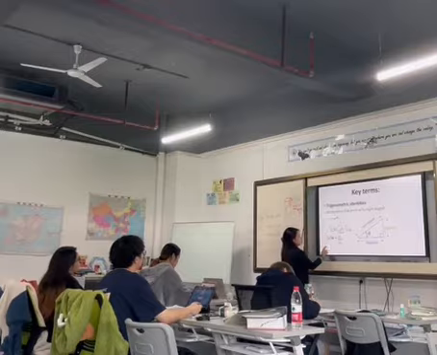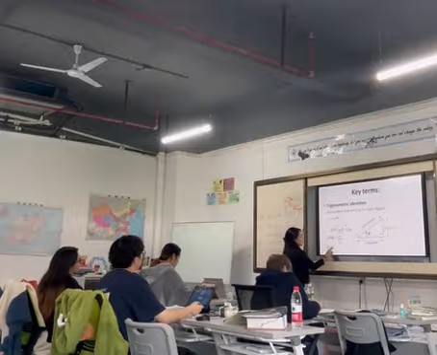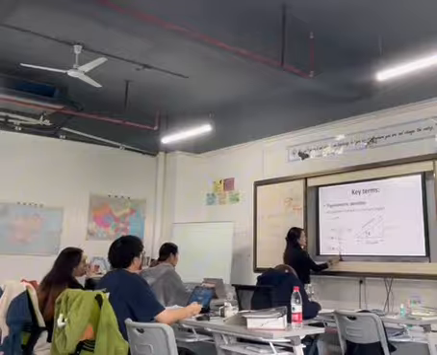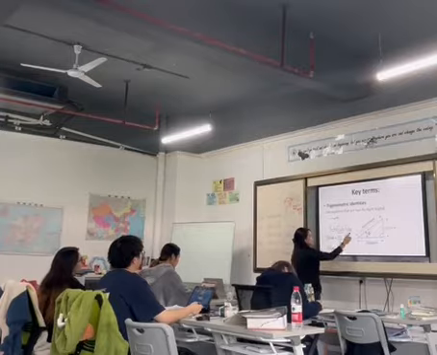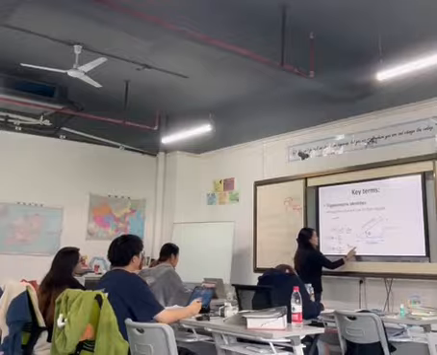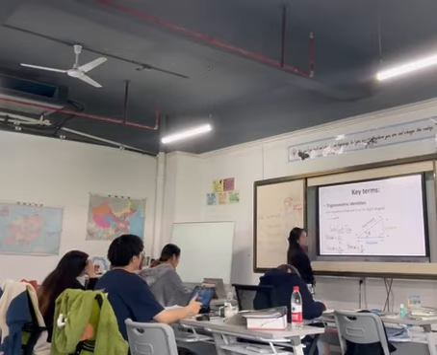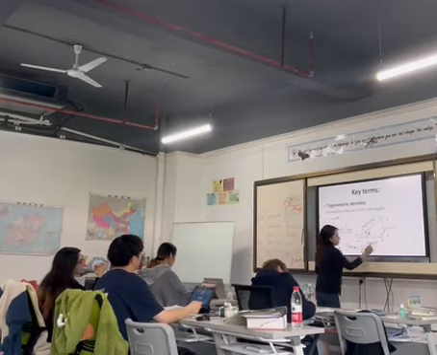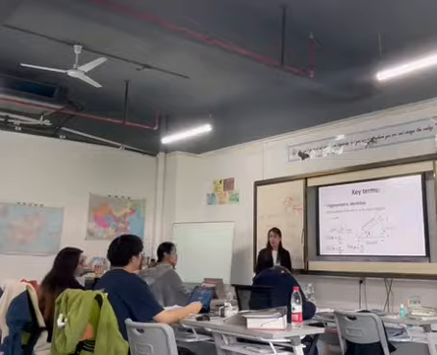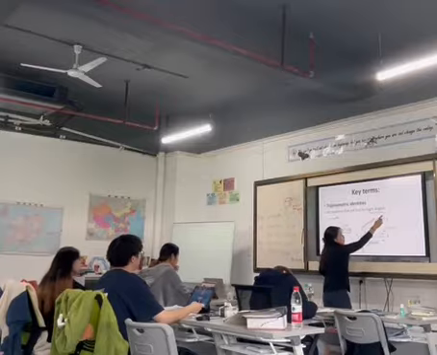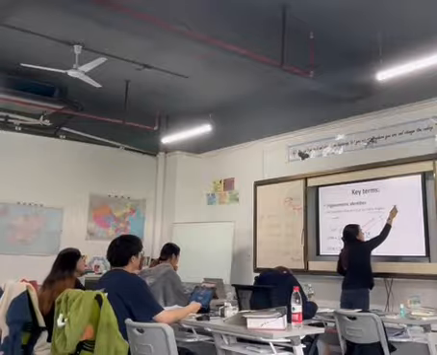K meaning cosine, adjacent over hypotenuse, and T is tangent, equal to opposite over adjacent. Okay, so here. Questions so far? This is what we call a right triangle, meaning it has a 90 degree angle.